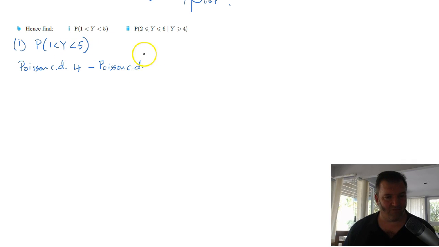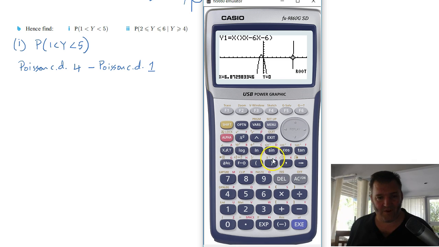And it's got to be greater than 1, so I've got to subtract up to and including 1. So if it's less than 5, that means 0 or 1 or 2 or 3 or 4. Greater than 1 means it's got to be bigger than 1. So 2 or 3 or 4 would be the only ones left over there that we could use. I could just use my list and find 2, 3 and 4 and add them together. Or I can use this method. Either one would work fine.